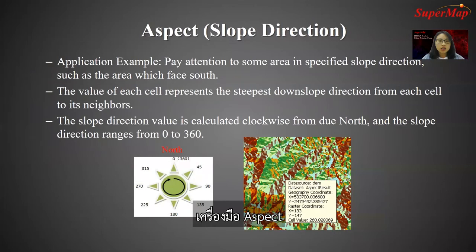And also the aspect, which is the slope direction function, with which we can pay attention to specified slope directions, such as areas which face south or face north or other.